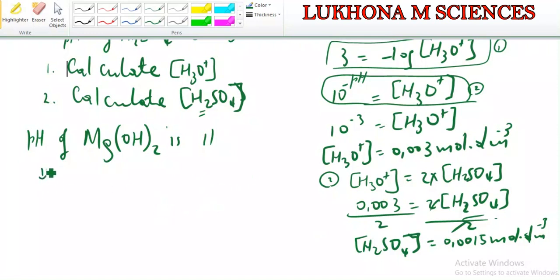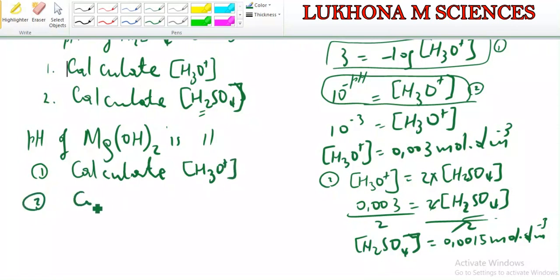First question, calculate the concentration of H3O+. Then you calculate the concentration of magnesium hydroxide. Sorry. Let's start with number 1.